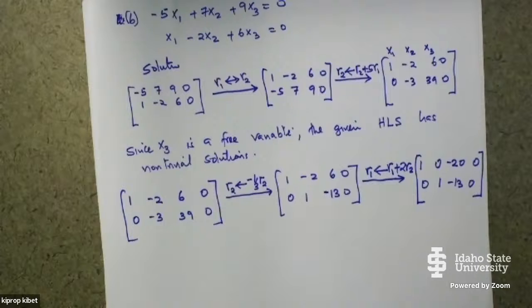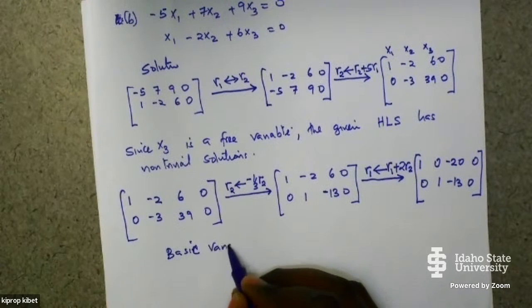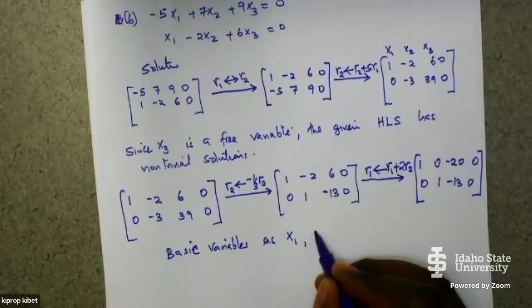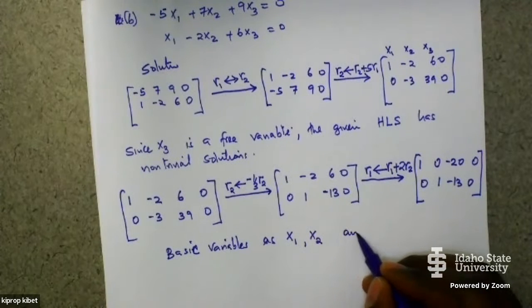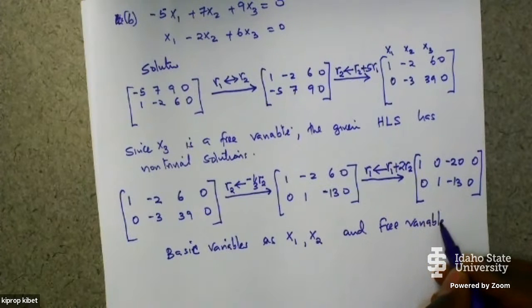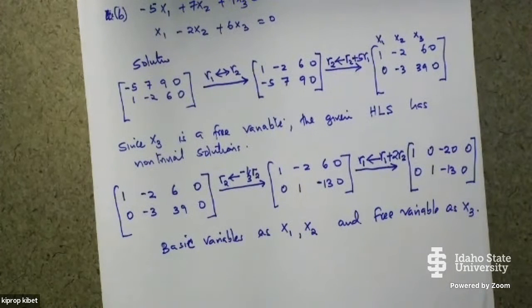So here we have the basic variables x1 and x2, and the free variable x3.